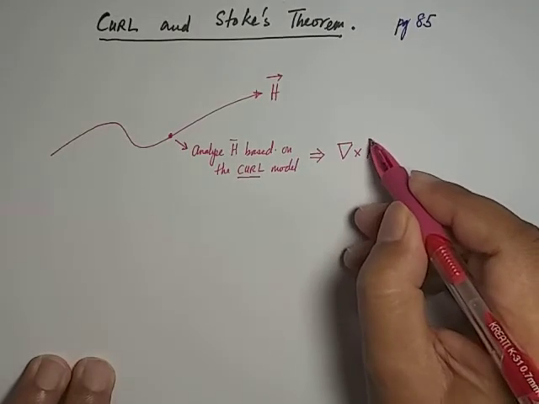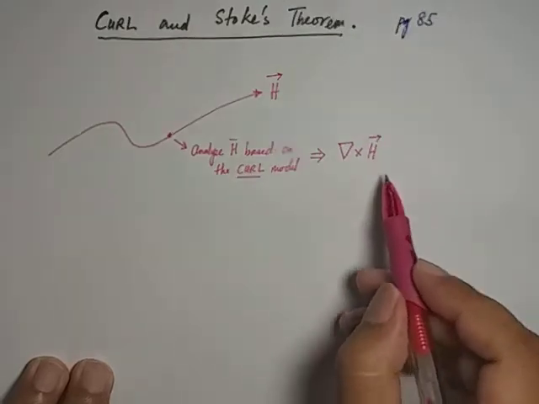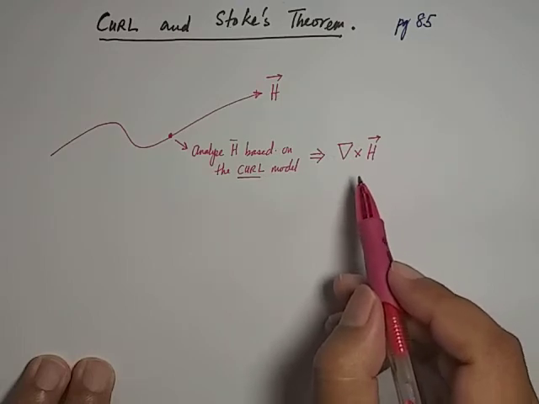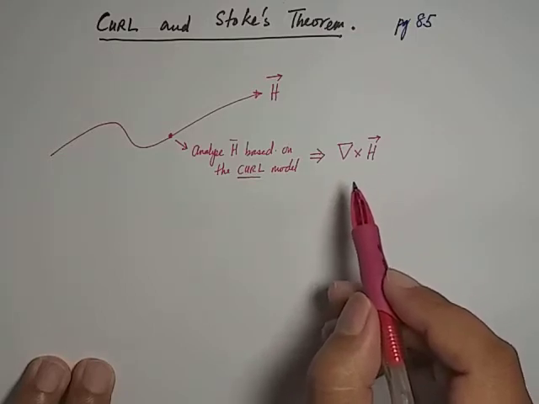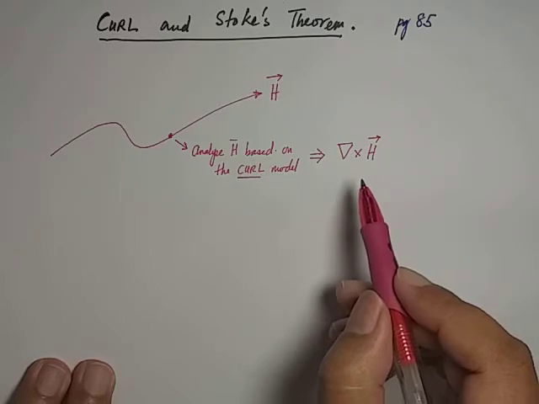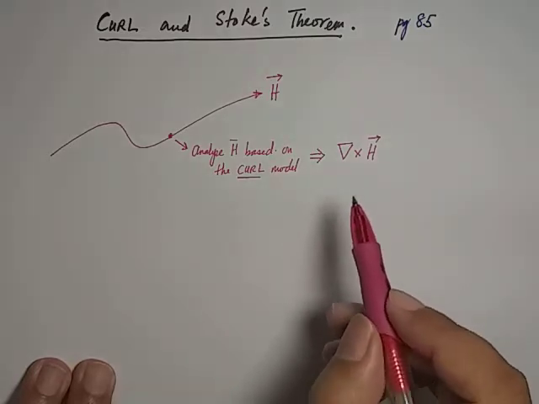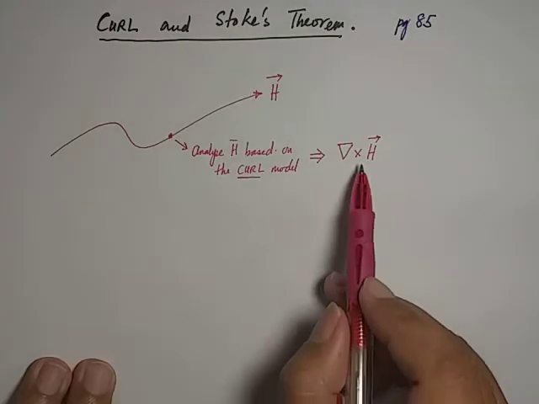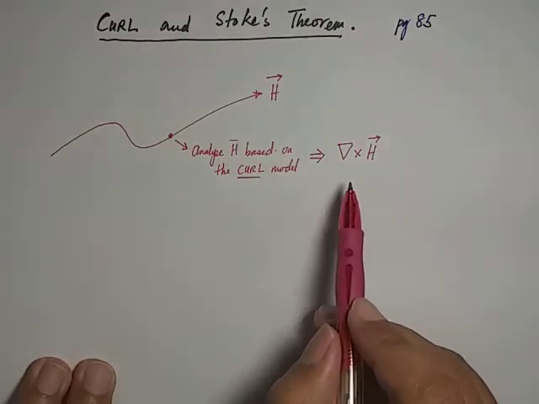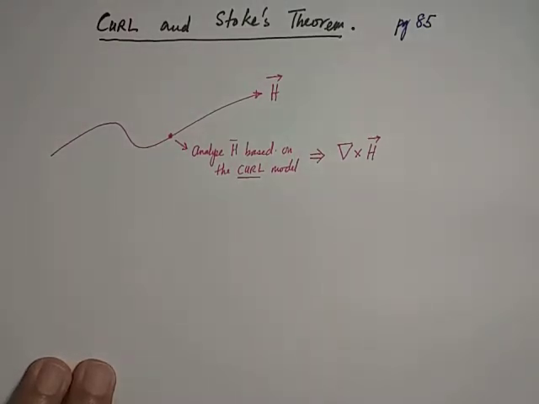H. So this equation is known as the curl of H. Whenever you see this type of equation given to you, in words it is known as the curl of H. I think you have seen this idea before in electrostatics, where we have a mathematical model known as the divergence model, and we call that the divergence of D. But in this case, due to the equation being shown as such, it should be named the curl of H.